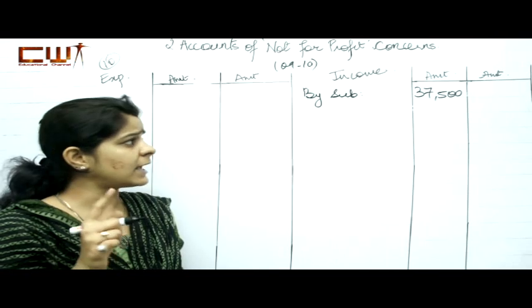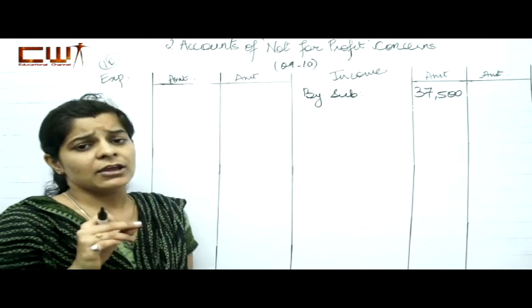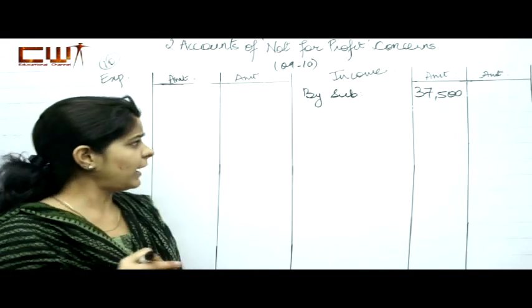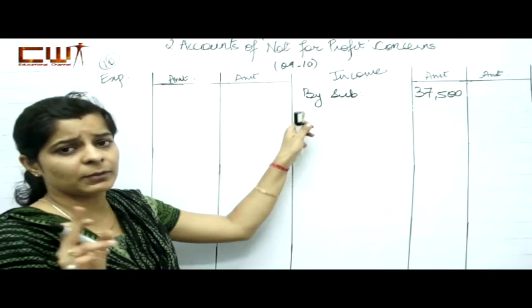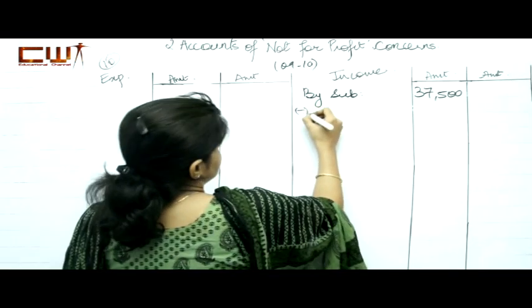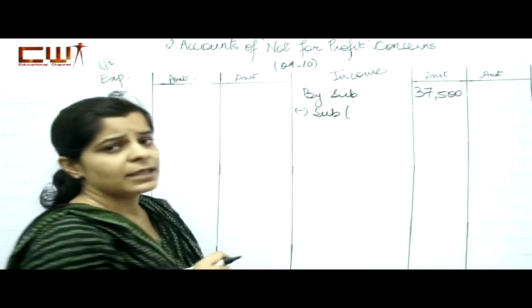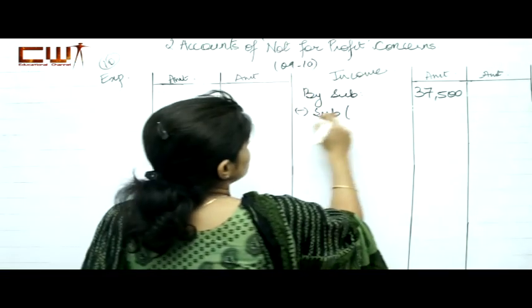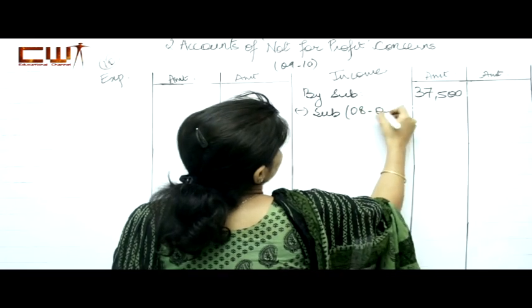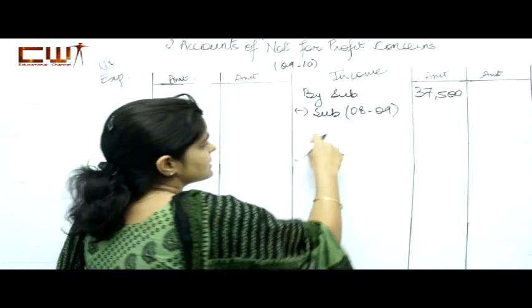Only the subscription that is received in this year will be added, right? So subtract the subscription of the previous year. They have given the subscription of the previous year, you're making for 9 and 10. They have given the subscription of 8 and 9. So please subtract that. When something is not related to this year, subtract it.